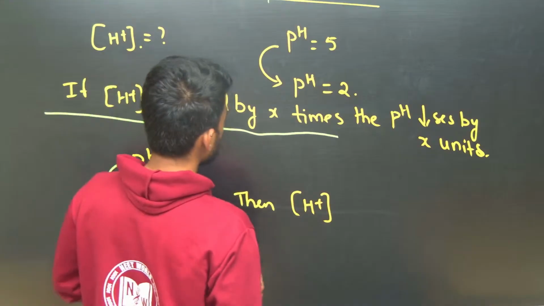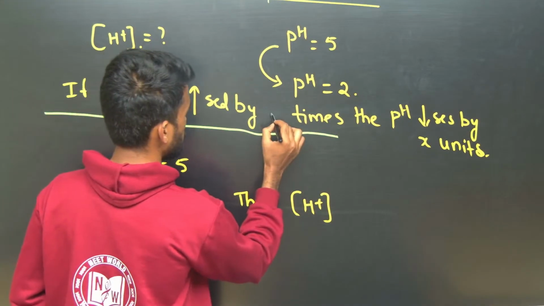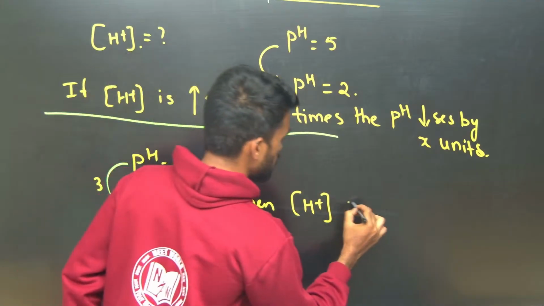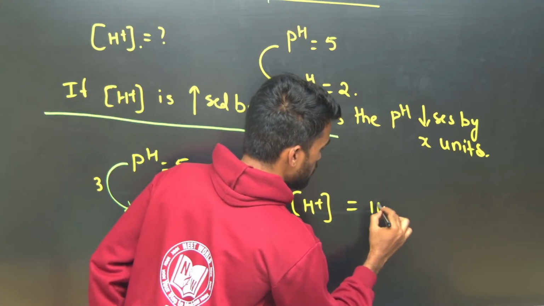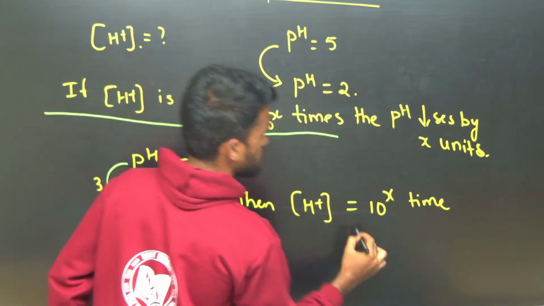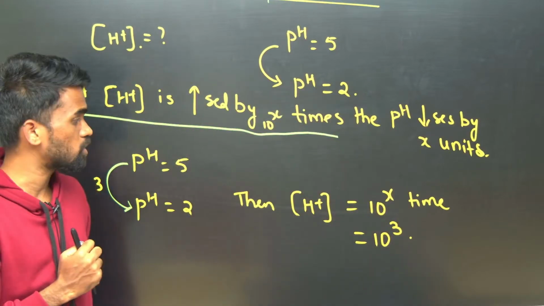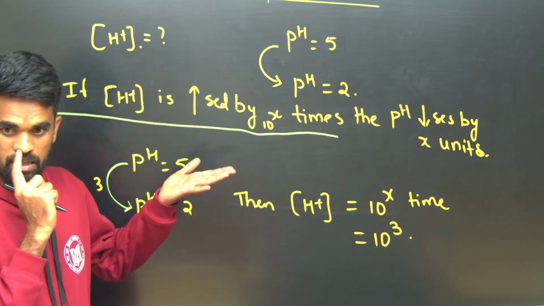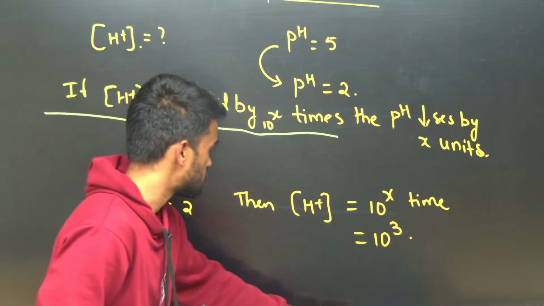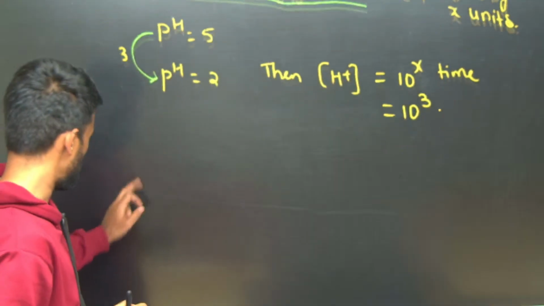So you can write it as an increase by 10 power x times. So it means 10 power 3, which means it increases 1000 times. Okay, like this.